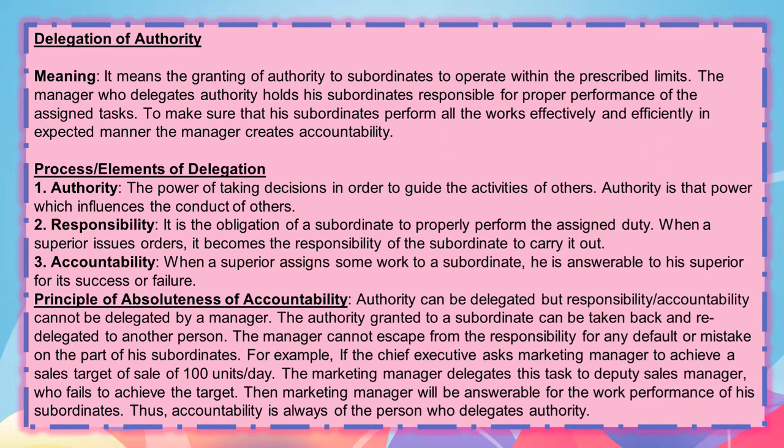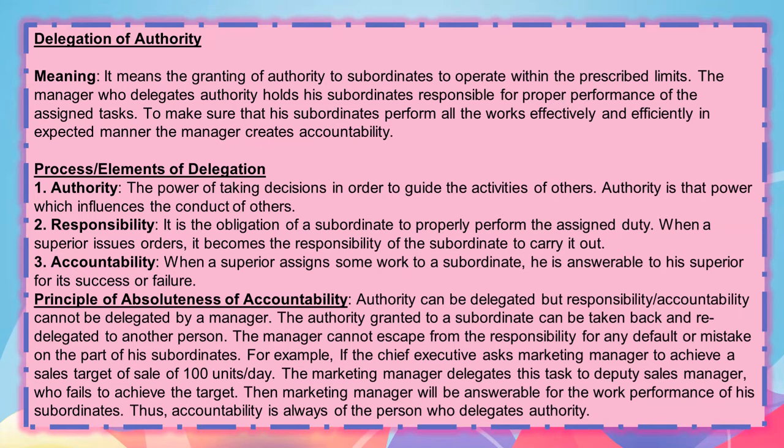Now there are the elements of delegation. There is authority, that is the power of taking decisions. Then there is responsibility, that is the obligation of a subordinate towards his superior. And then accountability. When a superior assigns some work to a subordinate, the subordinate is also answerable to the superior, whether it is a success or a failure, and must be able to answer for that. That is accountability.